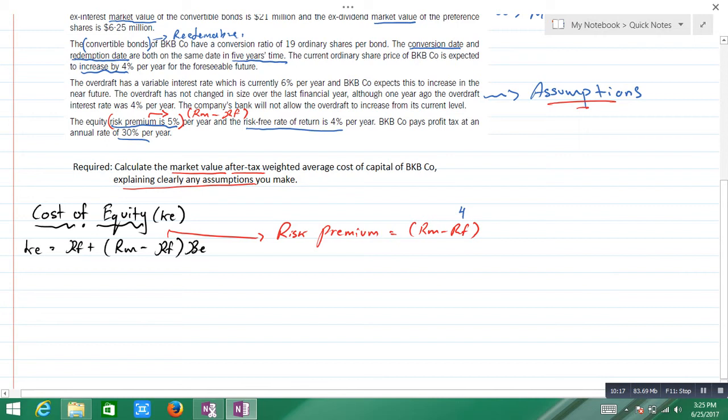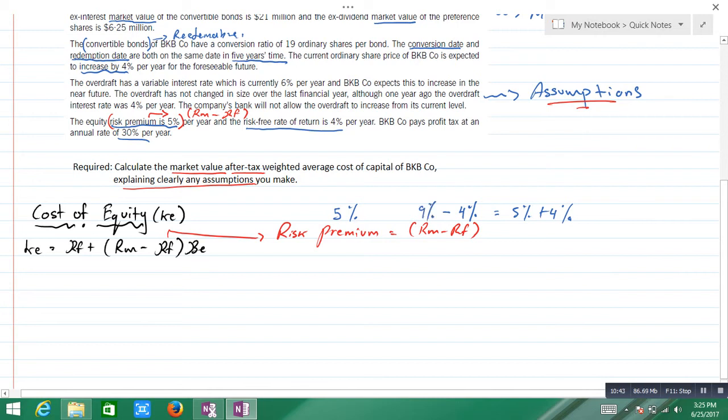Your risk-free rate is 4%. Now, if our risk premium is 5%, then to get the RM it is a reverse calculation: 5% plus 4% gives you 9%.